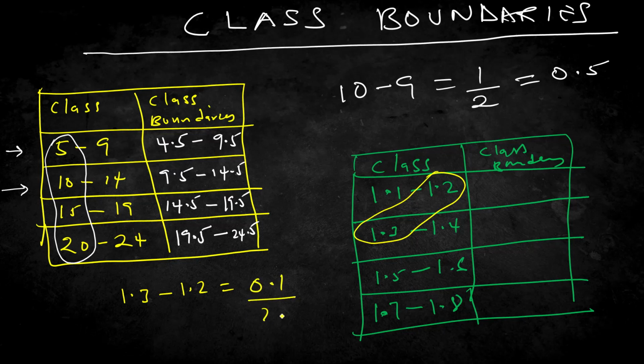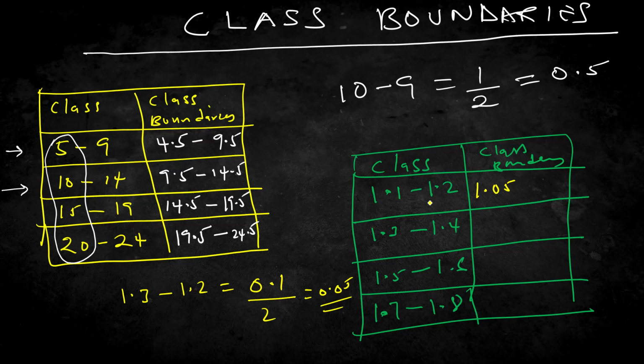We divide the result by 2, so that will be 0.05. We subtract the result from all the lower limits: 1.1 minus 0.05 will be 1.05.